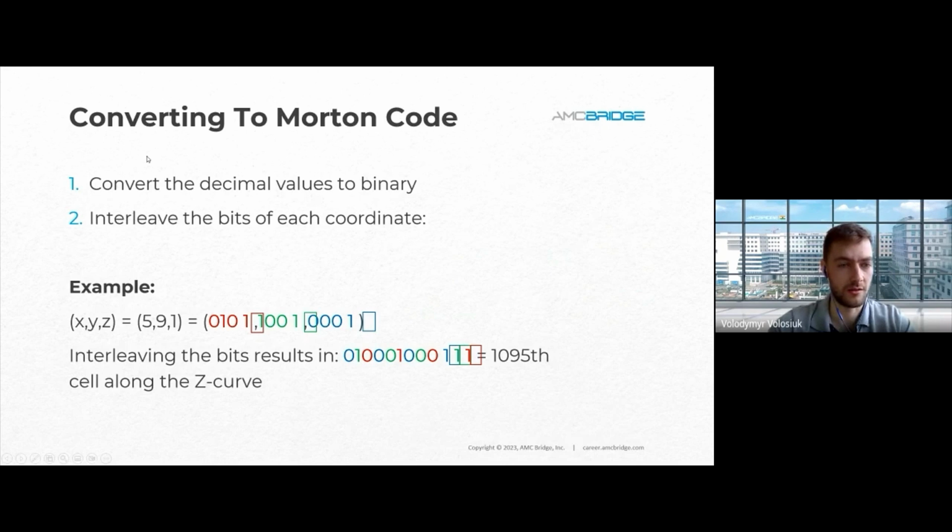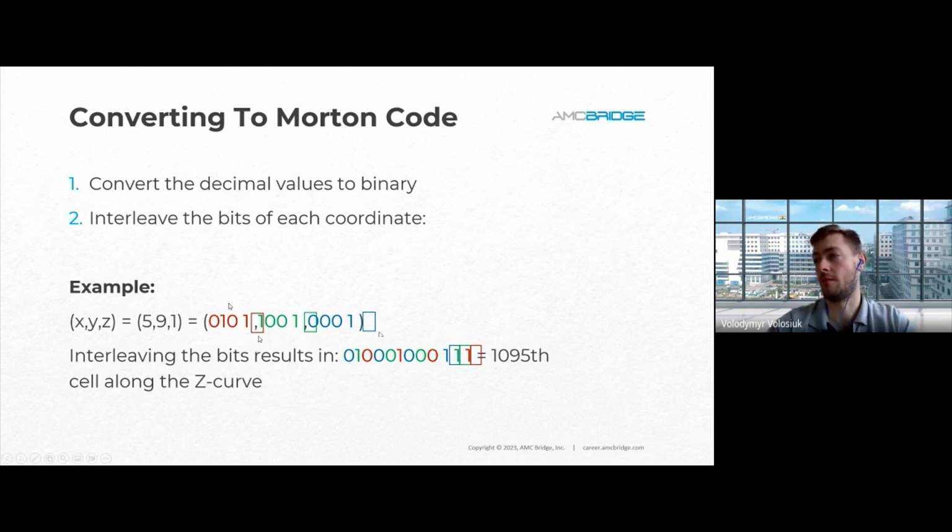Okay, I don't like this because it squeezes rectangles, but okay, let me try to explain it. Let's imagine we have a 3-dimensional point like 5, 9, 1. We represent each coordinate in binary, and to build the Morton code, we interleave each bit in the final number.